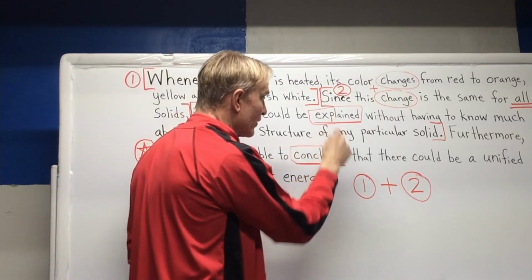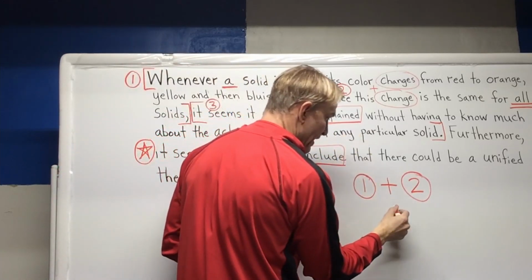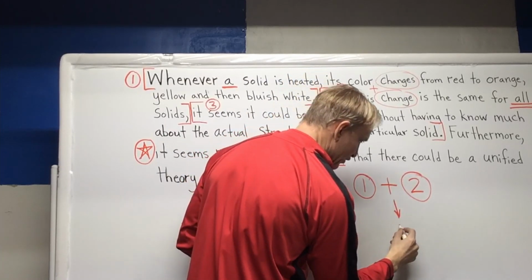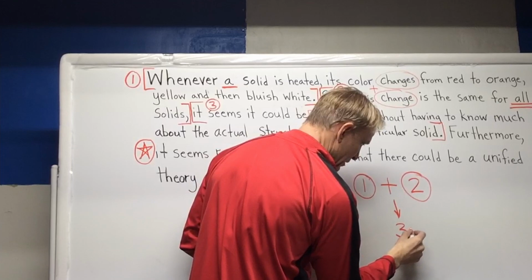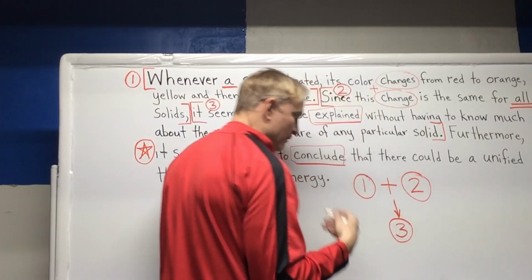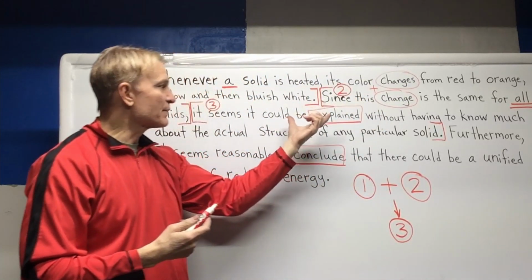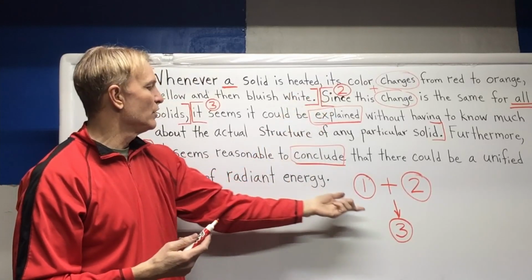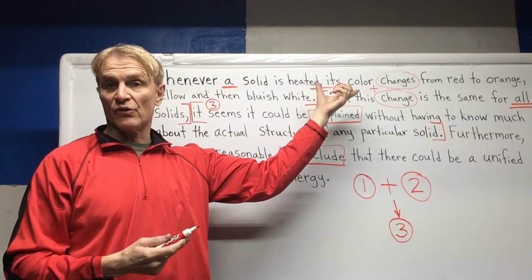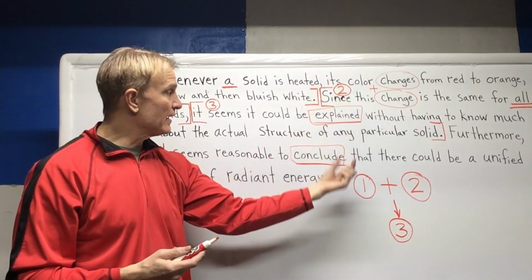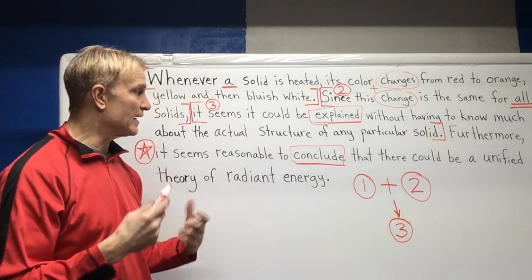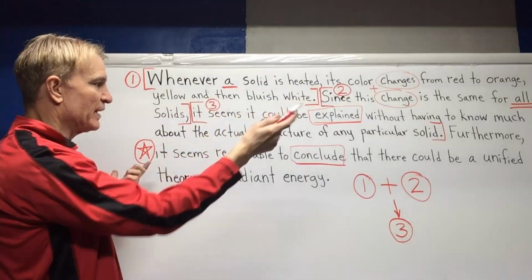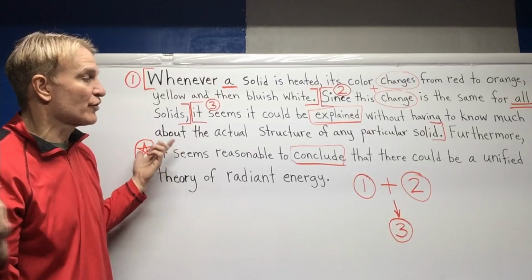So now what I'm going to do is make an arrow to 3, because with 1 and 2, at least what the person presenting the argument is trying to make, it seems clear that if I accept those premises, then I could probably accept number 3, that it seems it could be explained without having to know much about the structure of the particular solid.